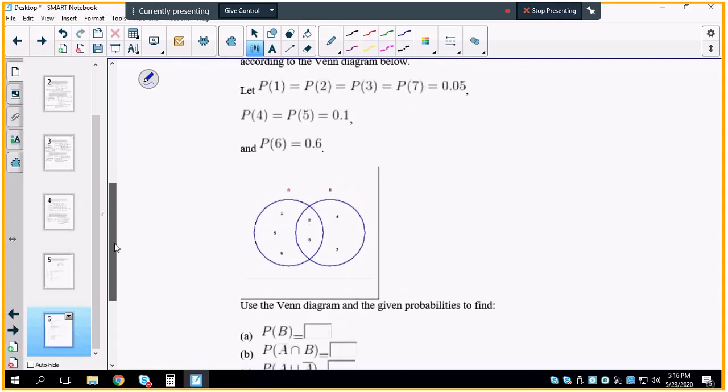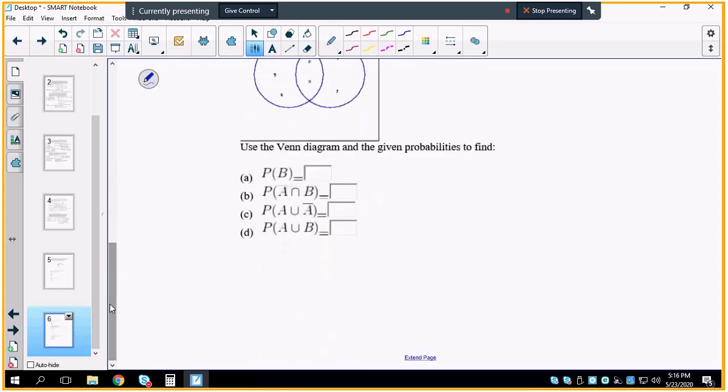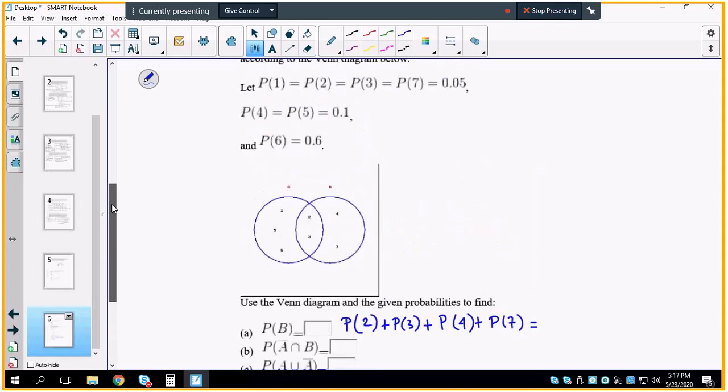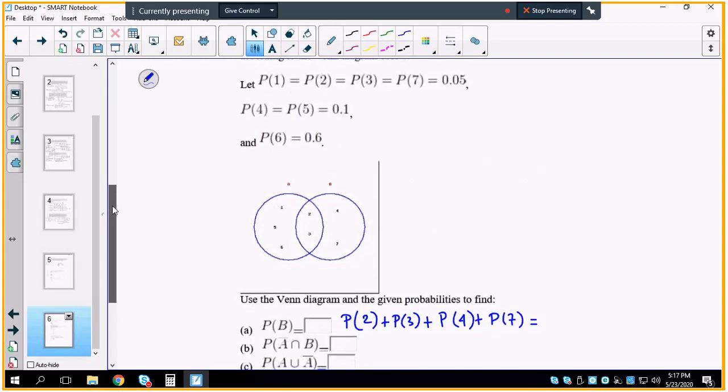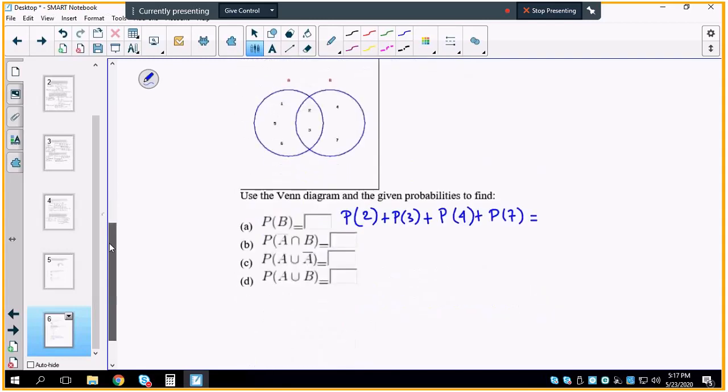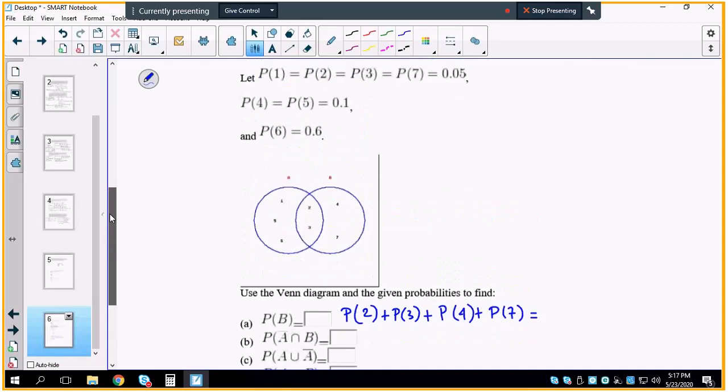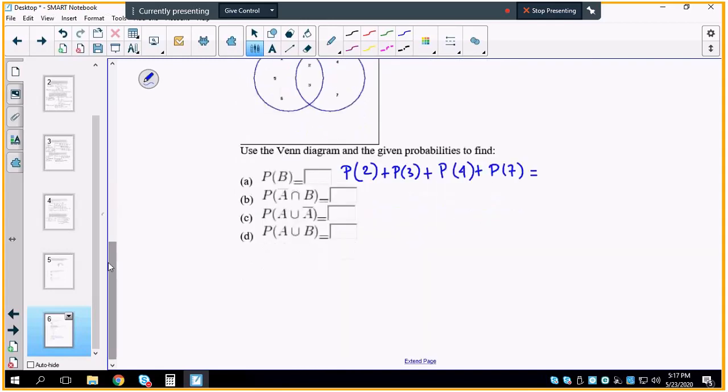So I want to know what is the probability of B. As I said, probability of B is going to be probability of 2 plus probability of 3 plus probability of 4 plus probability of 7. Probability of 2 and 3 is 0.05, 4 is 0.1, and 7 is 0.05.